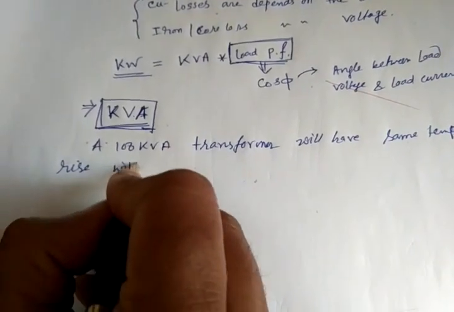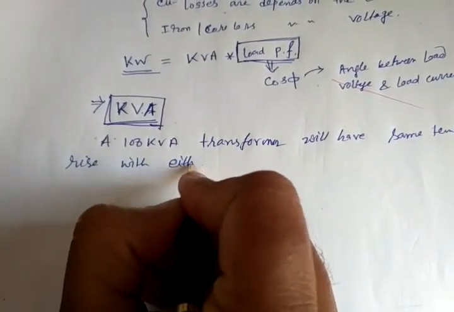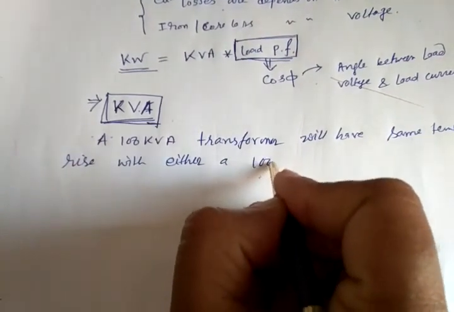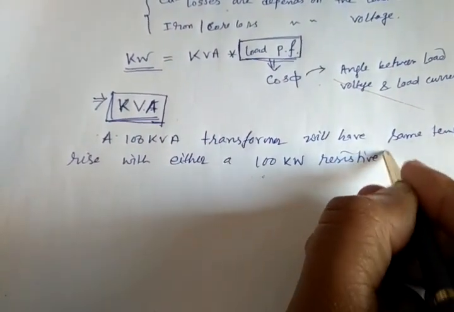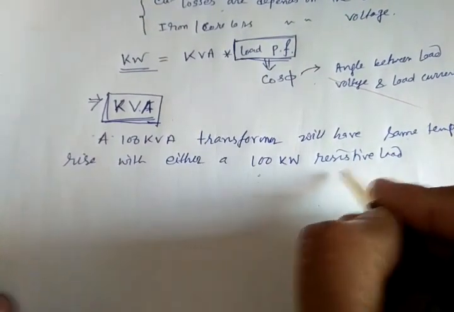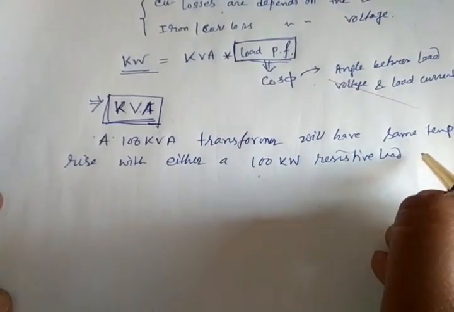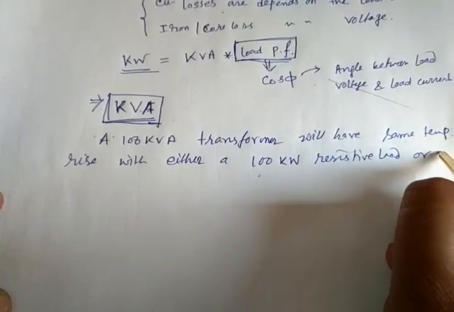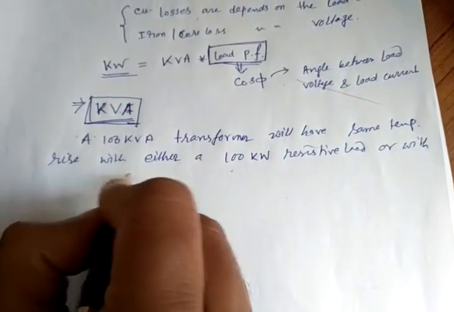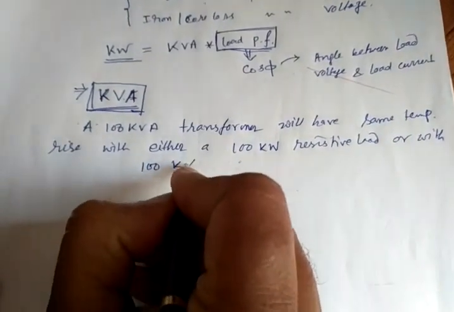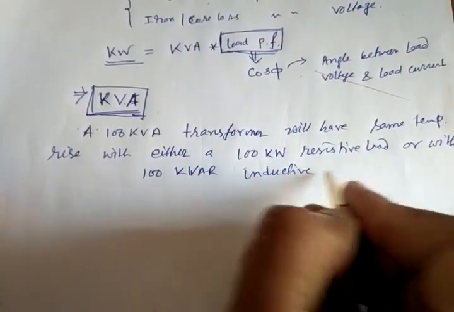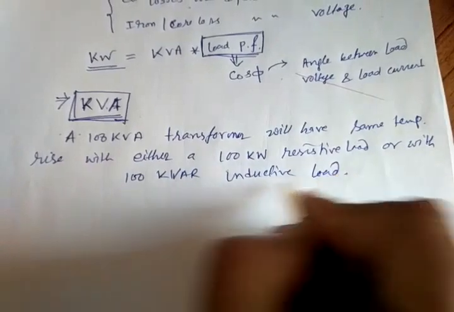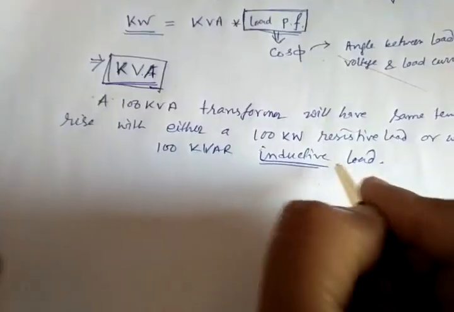with either a 100 kilowatt resistive load, that is unit power factor, or with a 100 kVAR inductive load. Suppose we are talking about a pure inductive load, a pure inductor.